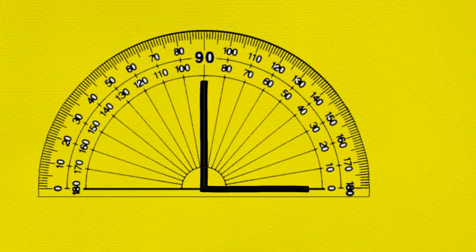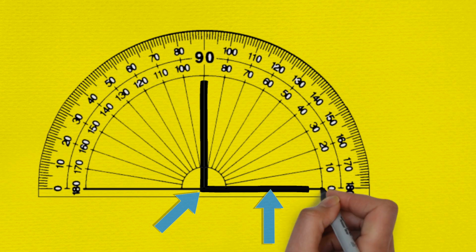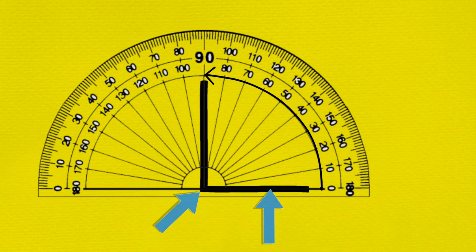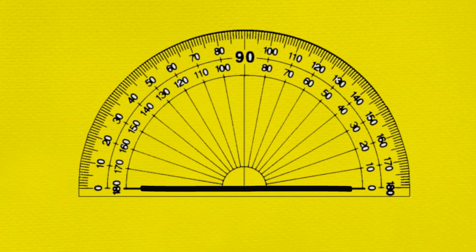Max and Min watched their granddad carefully put the protractor over a right angle, with its middle exactly on the vertex of the angle and the bottom horizontal line exactly on one arm of the right angle. "See here," he said. "Starting from 0, the protractor is telling me that this right angle is 90 degrees, which of course it should be. And you can see here that a straight line is 180 degrees.